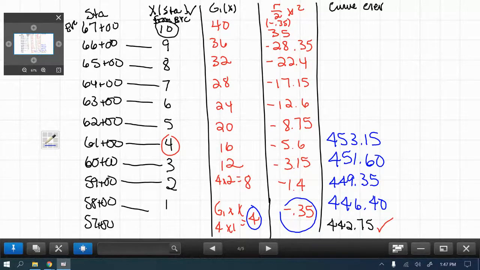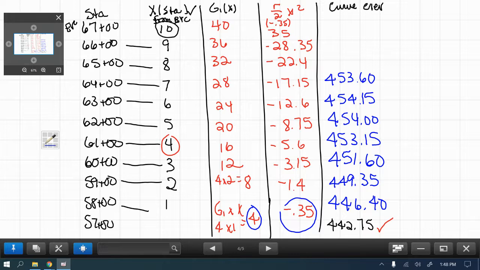For 62, I get 454.00. 63, I get 454.15. And then station 64, I get 453.60. And then I'm going to have to calculate the other 3 because the page cut off.